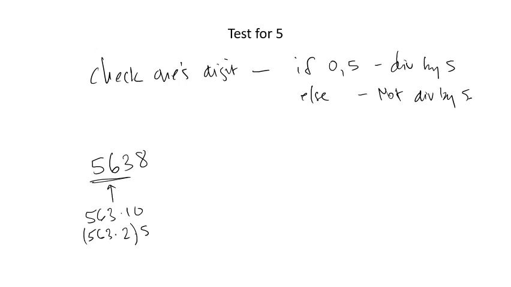So we know that everything tens digit and beyond is all a multiple of 5. So we just need to check the ones digit and see if it's divisible by 5. If it is, then the whole number is divisible by 5. If it's not, well, then it's not. And so only 0 and 5 are going to be divisible by 5.